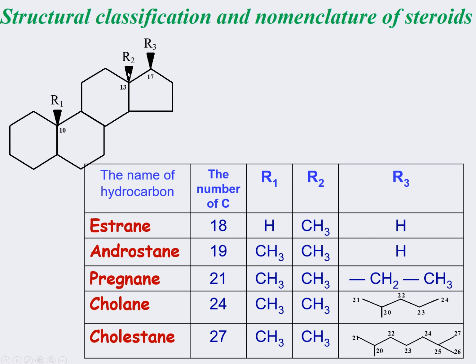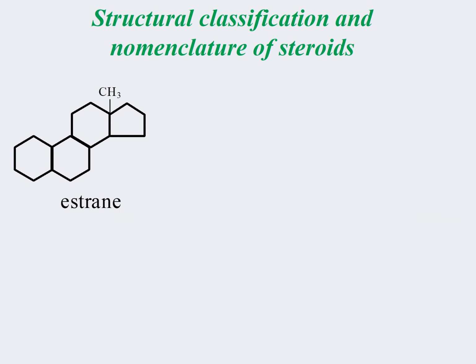When here we have only one methyl group and here no substituents, we will have estrane structure. When we add one more methyl group, we will see androstane structure, and so on. Then pregnane, cholane, and cholestane. One by one, we will consider all possible steroid structures.